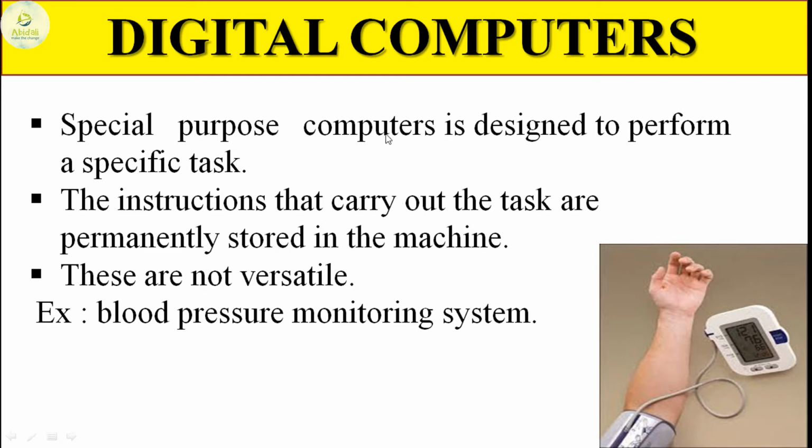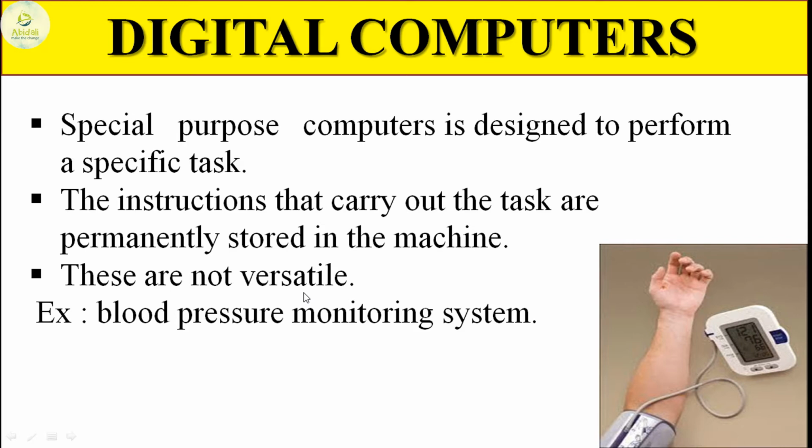The special purpose computers are designed to perform a specific task, only that particular task they will perform. So the instructions that they carry out, the tasks, are permanently stored in the machine and they are non-volatile. That means they cannot be erased.